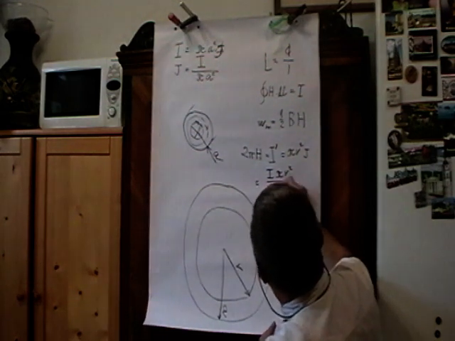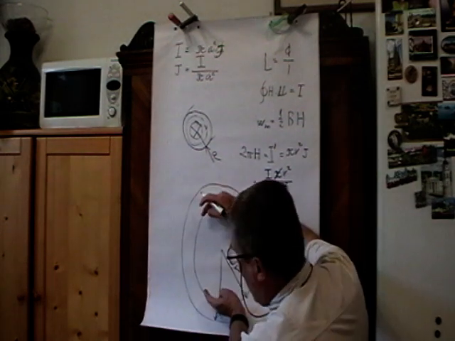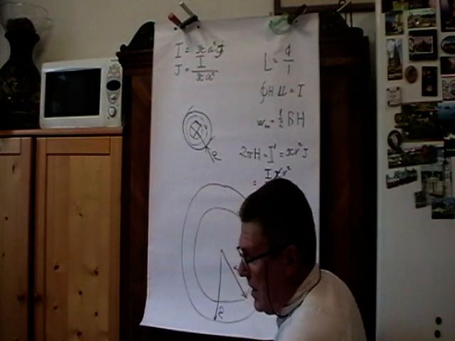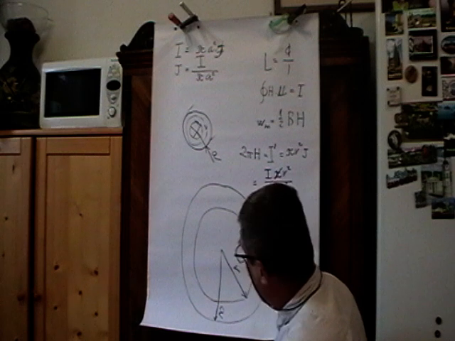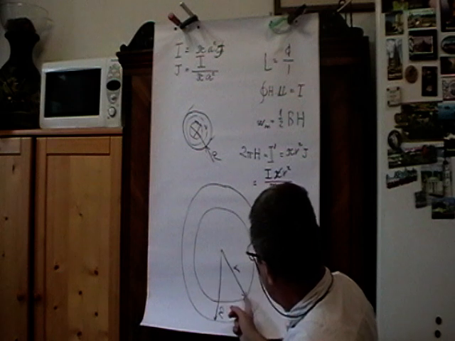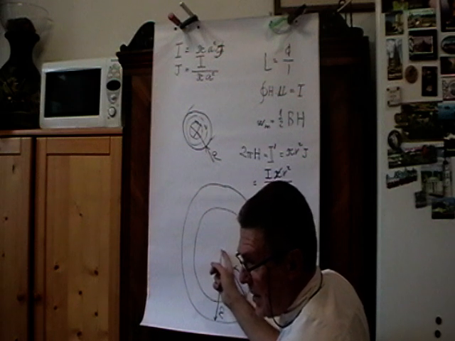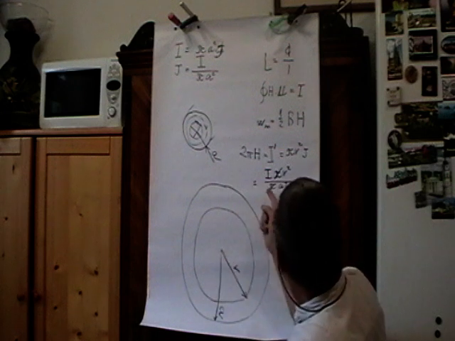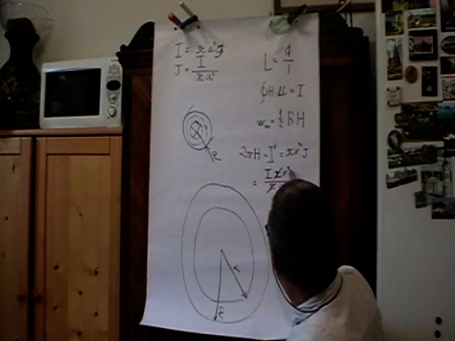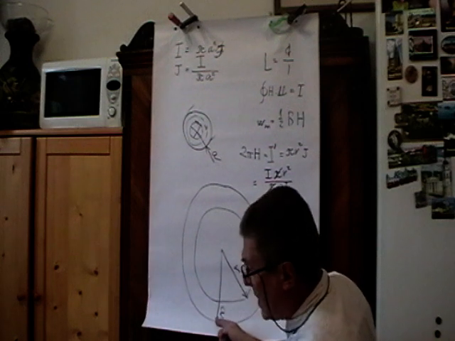We can cancel pi, so the current flowing through a sub part of the conductor, a cylindrical inside part with radius r and the same center as the conductor, would be I times r squared divided by the radius of the conductor squared.